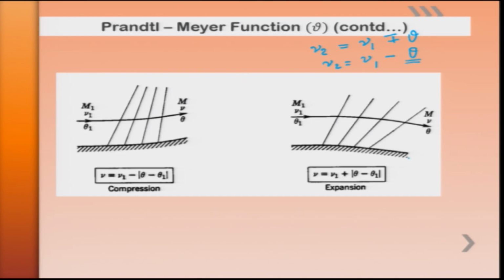Whereas in the second case, when the isentropic expansion fans are formed with a continuous surface, where the flow is turned away from itself, the downstream Prandtl-Meyer function is calculated using nu 2 equals nu 1 plus theta. Hence this is called the isentropic compression process, and this is the isentropic expansion process.